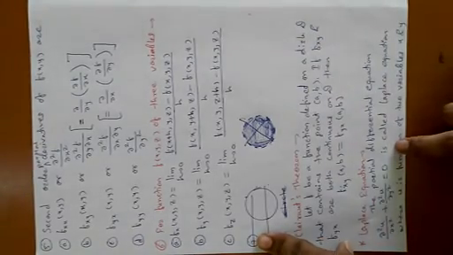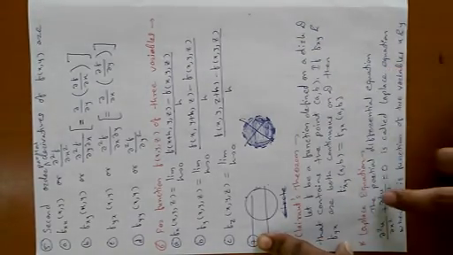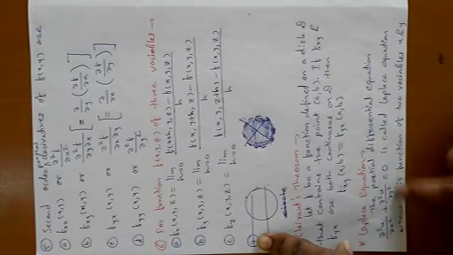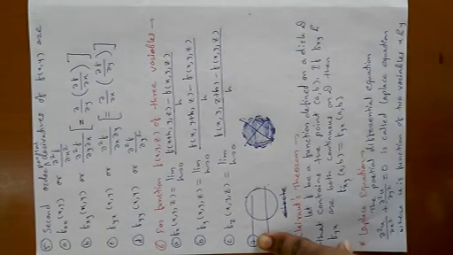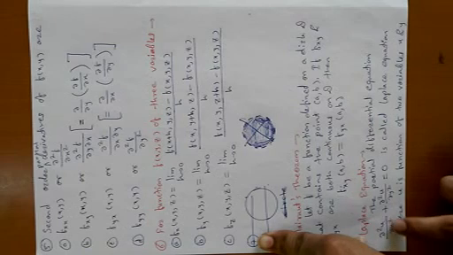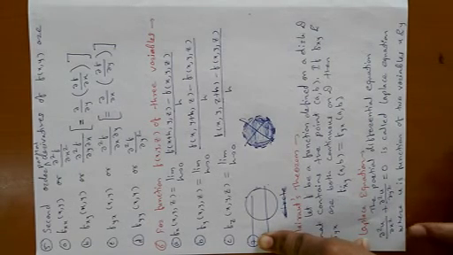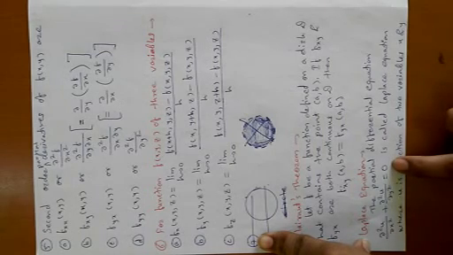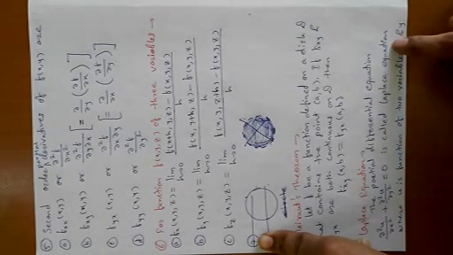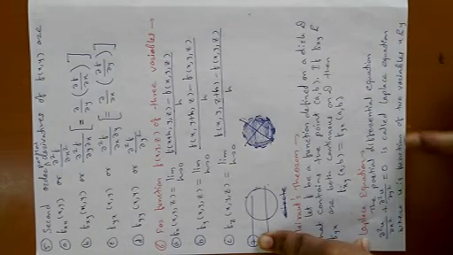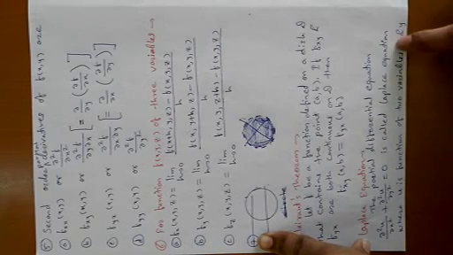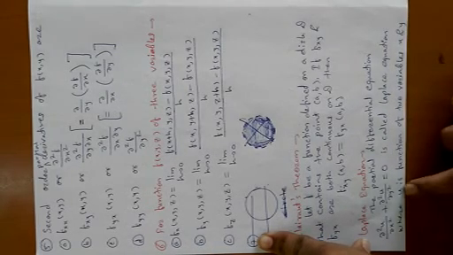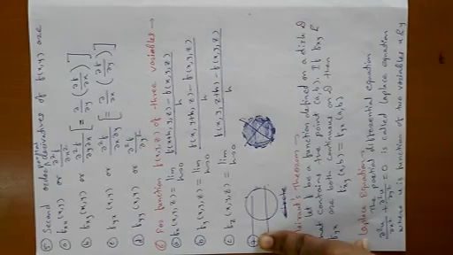Next, there is the Laplace equation. This partial differential equation is called the Laplace equation. What is the Laplace equation? ∂²u/∂x² plus ∂²u/∂y² is equal to 0 is called the Laplace equation, where u is a function of two variables x and y.